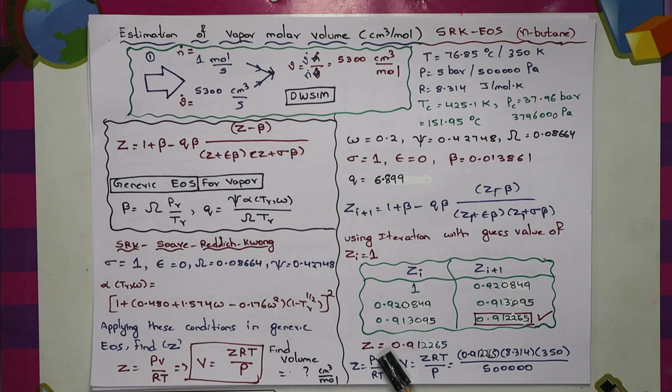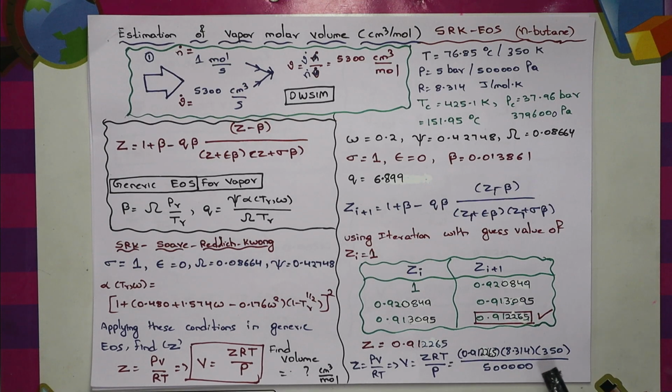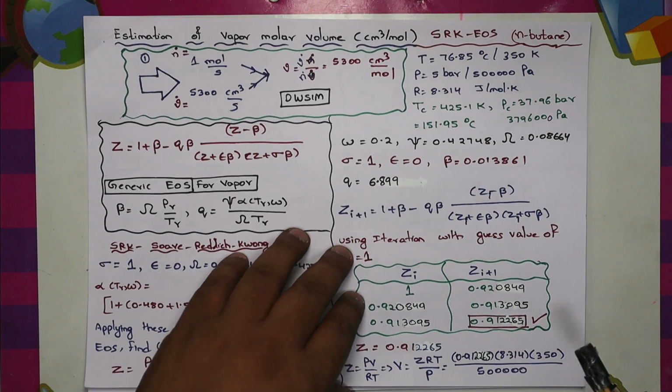Once you have the value of z, compute the value of v, which is equal to zRT by P. Because you have to use SI units, I have converted to Pascal here, because 5 bar is nothing but 5 lakh pascals. Once you have done it, you can find the volume.